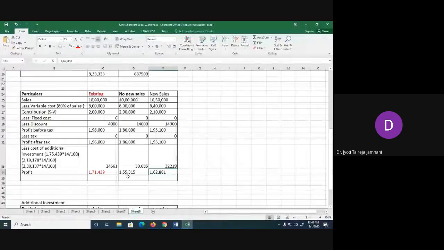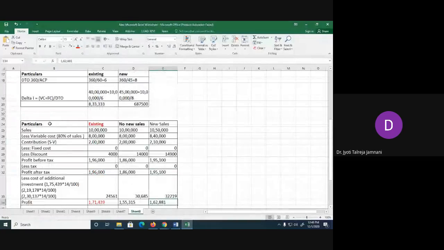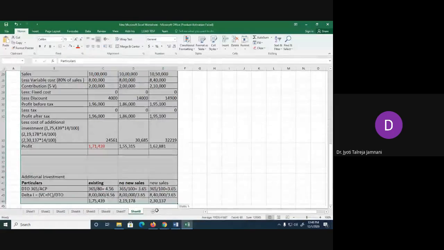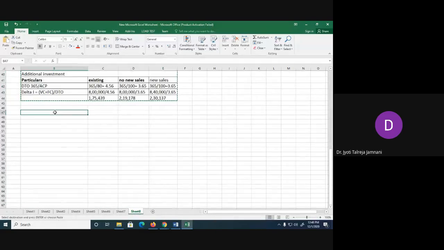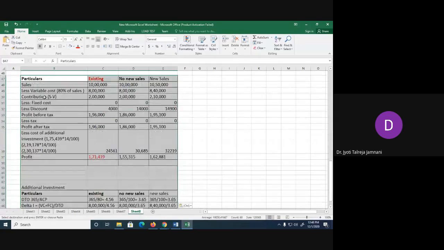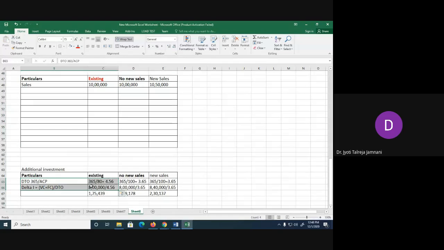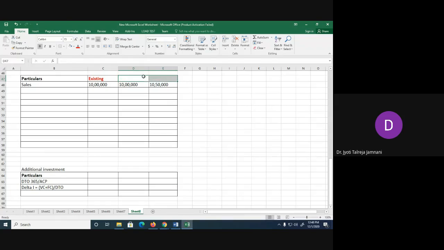So same way, tabular way we will solve, and we'll have 3 choices. So we'll call it as existing, option A and B. There are 2 options given, A and B. So existing is better or A and B are better, we have to find.